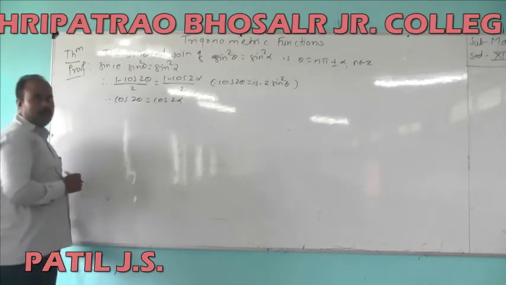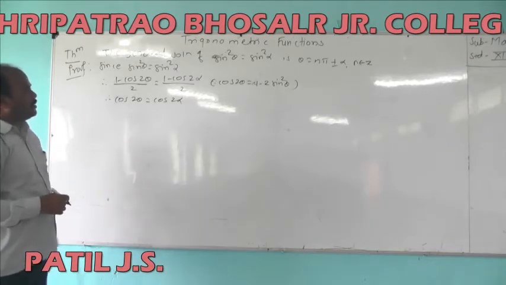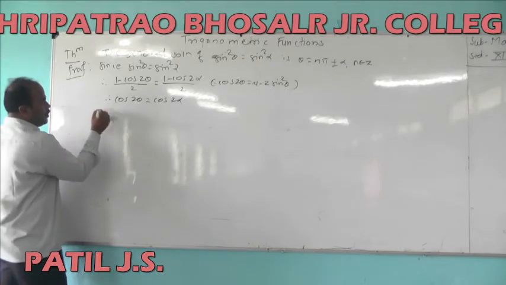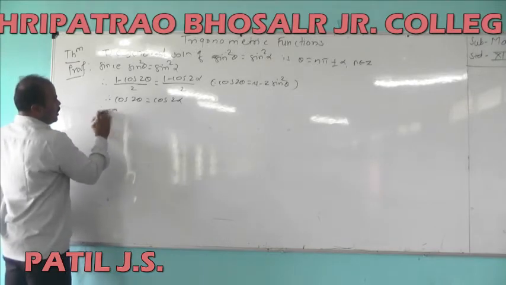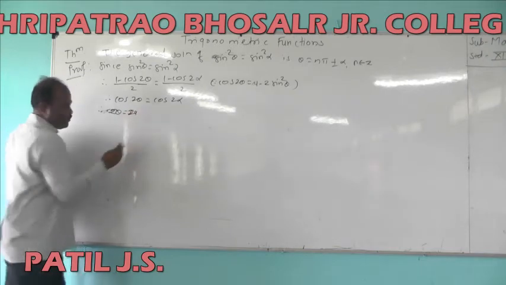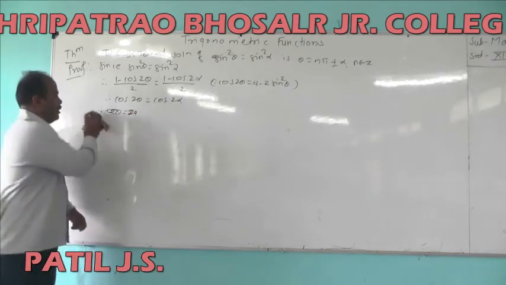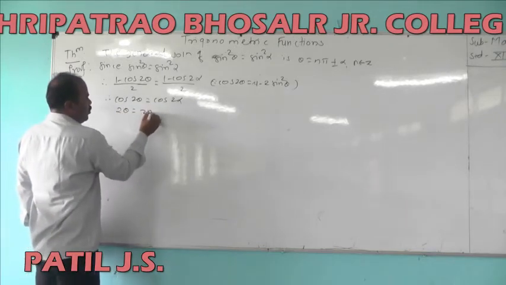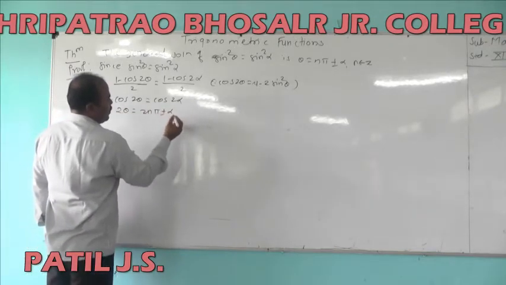You know that cos theta is equal to cos alpha implies that theta is equal to 2n pi plus or minus alpha. Therefore 2 theta is equal to 2n pi plus or minus 2 alpha.